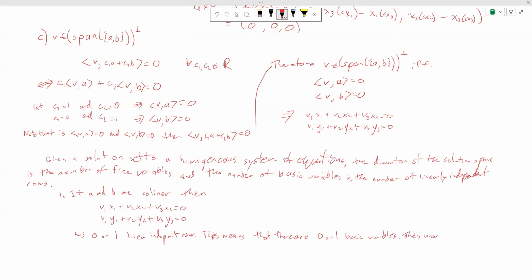This would result in 3 or 2 free variables, meaning the dimension of the space is 3 or 2, respectively. So if we're collinear, then our dimension is 3 or 2.